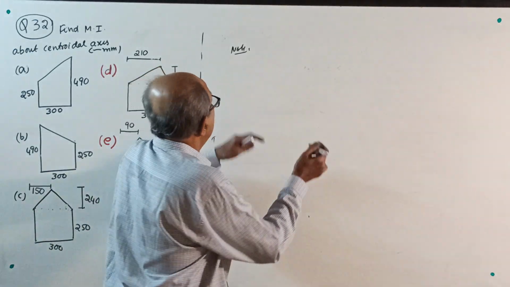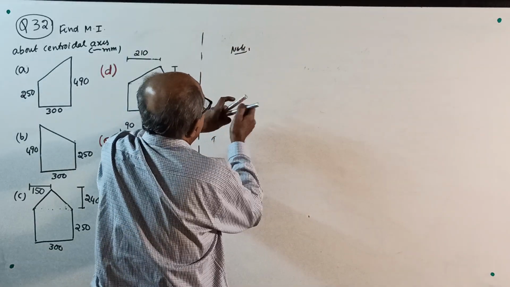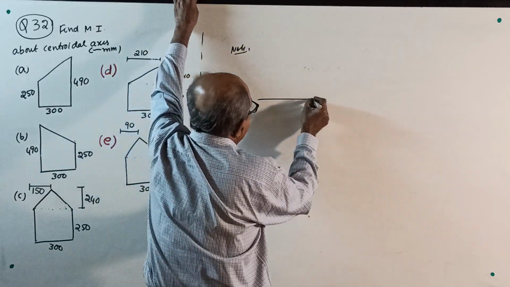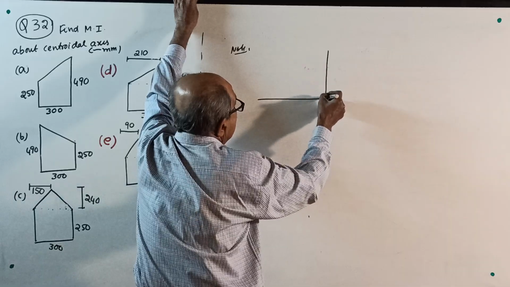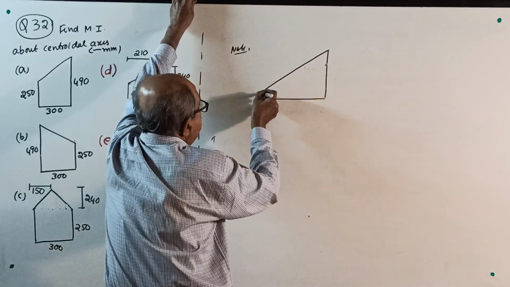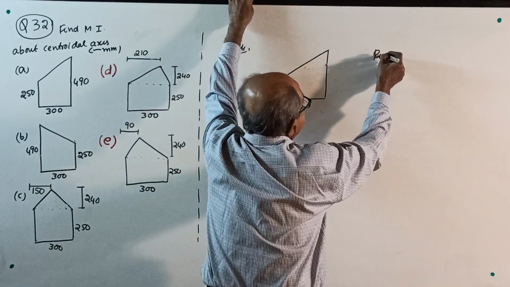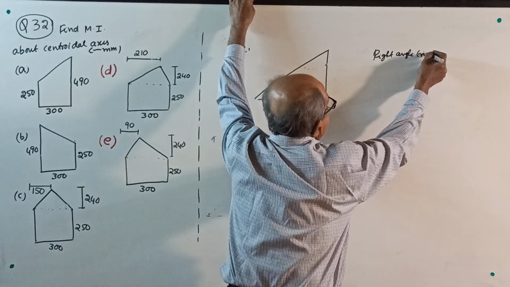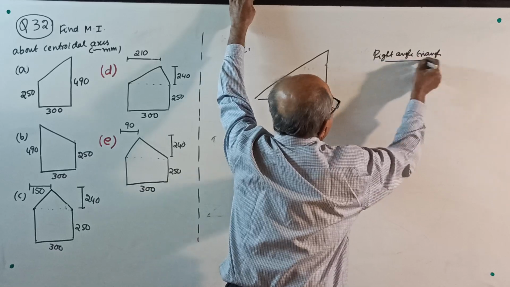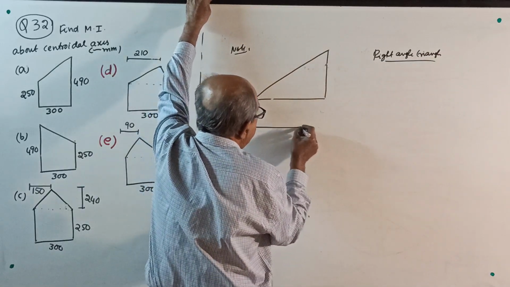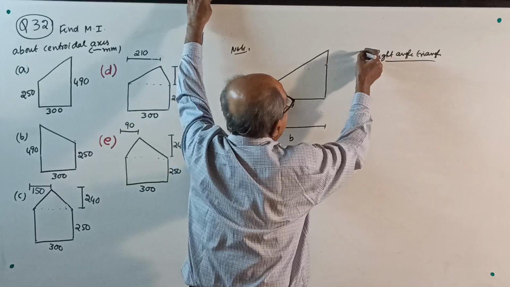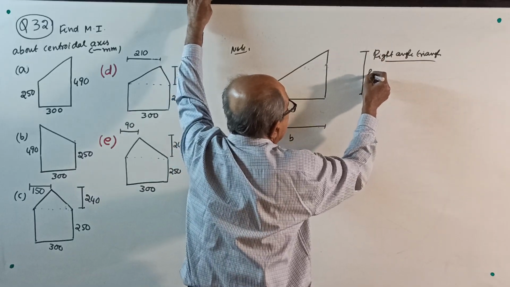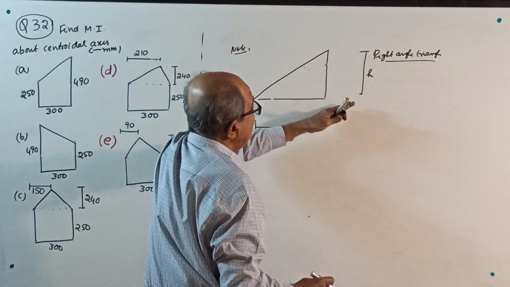The reason is, if it is a right angle triangle, one sketch is sufficient. I will take this as base b. This I will take as height h. Don't see vertical, horizontal. Now, this is b and h.